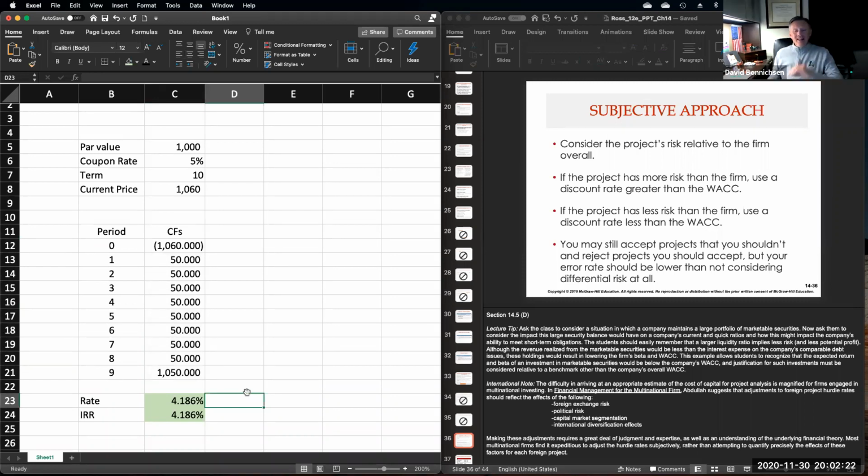Because when you do that, it will make sense why the yield to maturity for a bond is also the same thing as using the internal rate of return calculation within Excel.